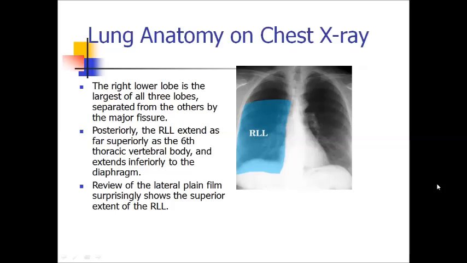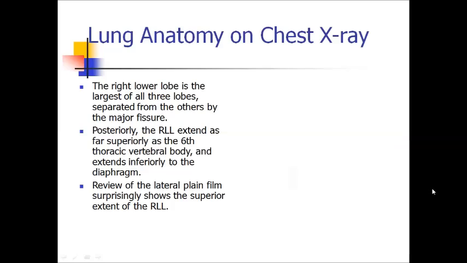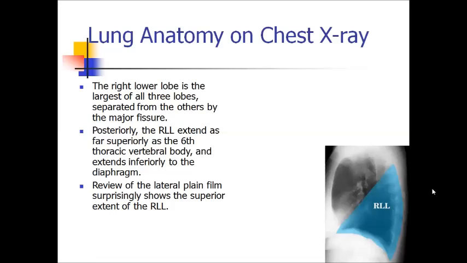Posteriorly, the right lower lobe extends as far superiorly as the 6th thoracic vertebral body and extends inferiorly to the diaphragm. Review of the lateral film surprisingly shows the superior extent of the right lower lobe.